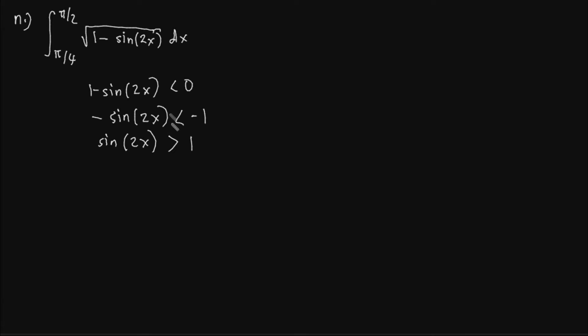Now, if this is the only restriction for this equation to not be true, then we can't find any value of x, because we know that the maximum possible value of sine of any value is equal to positive 1. So therefore, in any case, even if I solve for the value of x, it doesn't matter anyway.